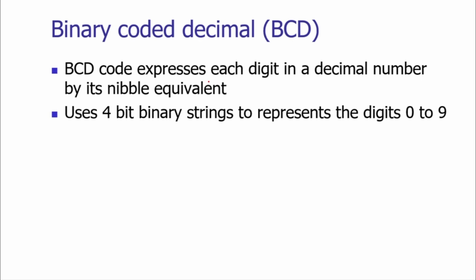The next representation system is BCD. The next representation system is binary coded decimal system. In this system, we are expressing each digit of a decimal number by its nibble equivalent.